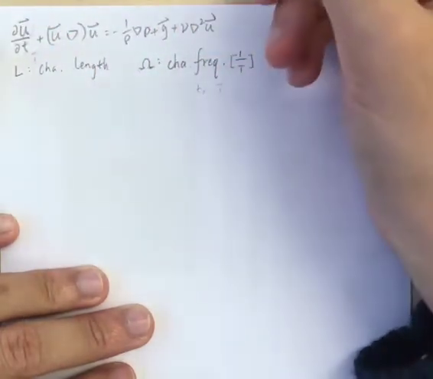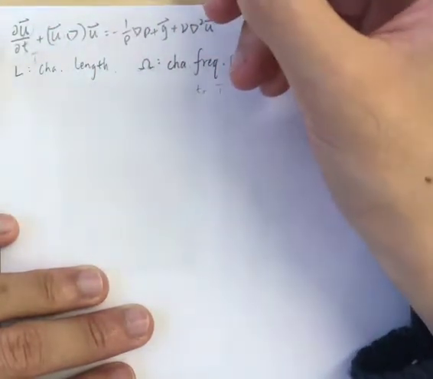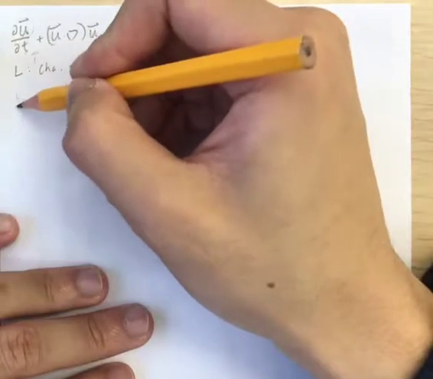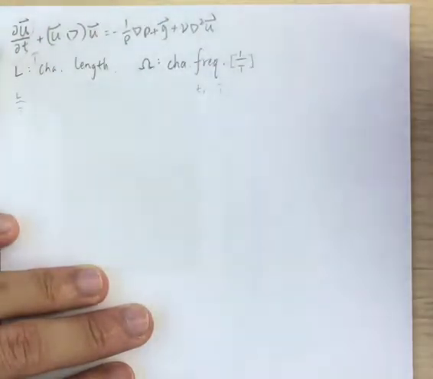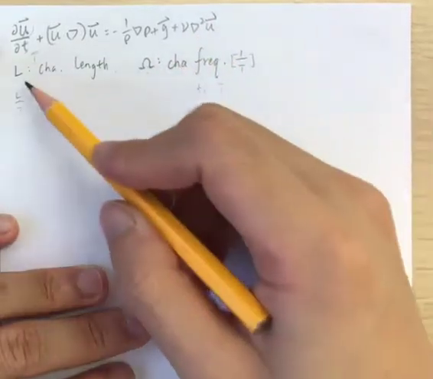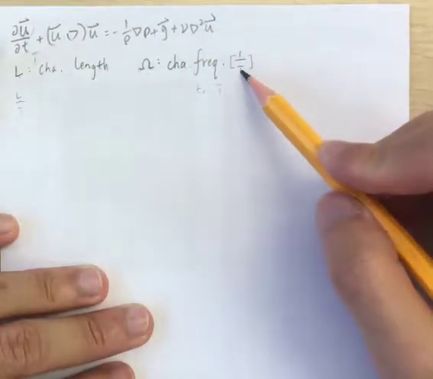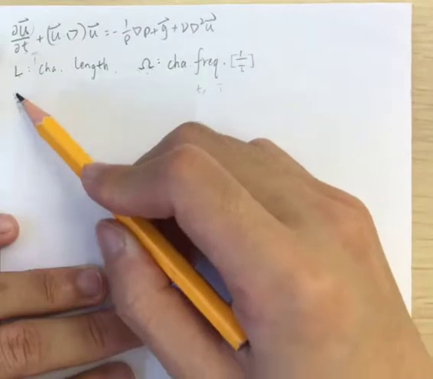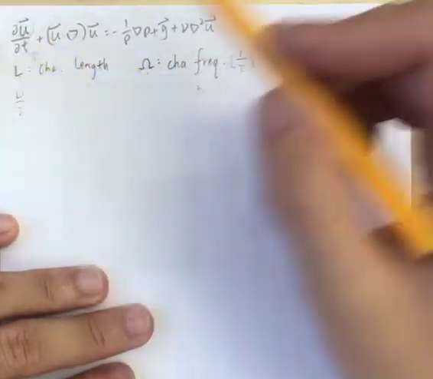We also have u. U has a dimension of what? L over time, right? So with L and omega, which has a dimension of L and 1 over t respectively, we can already get rid of the dimension of u, right?